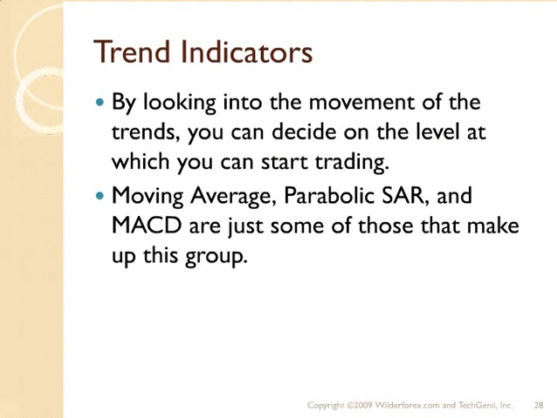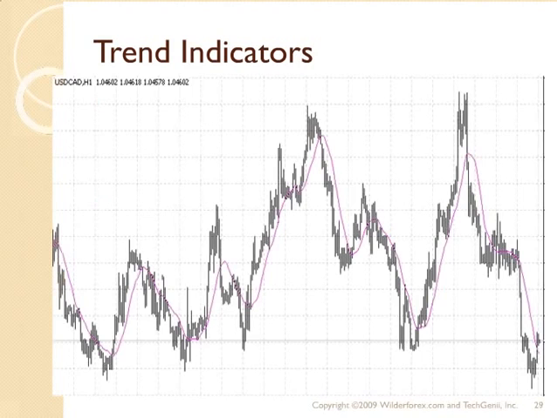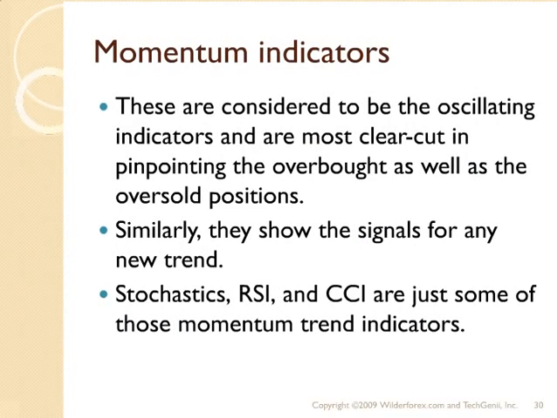Trend indicators. By looking into the movement of the trends, you can decide on the level at which you can start trading. Moving average, parabolic SAR, and MACD are just some of those that make up this group. This chart shows the moving average. Momentum indicators.